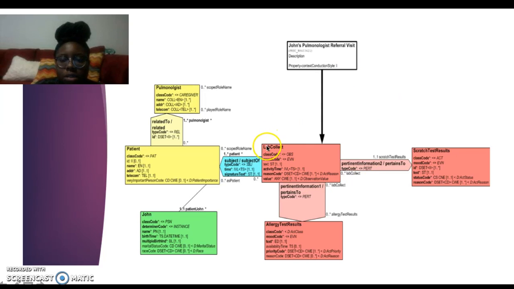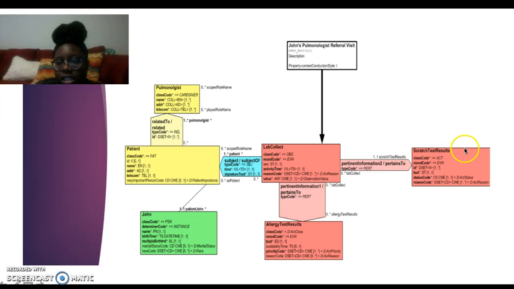So it starts with a lab collect. That's when the pulmonologist ordered the scratch test and the allergy test results. The lab collect has the reason code, the failure code, the activity time, just so you can know what the reasoning for the test was, what time the test was done, and the results for the value. And the relation between these two acts would be pertinent information.